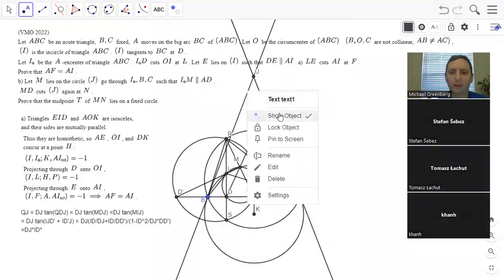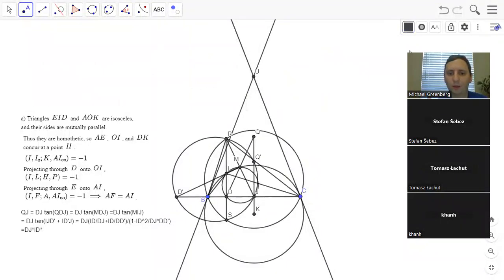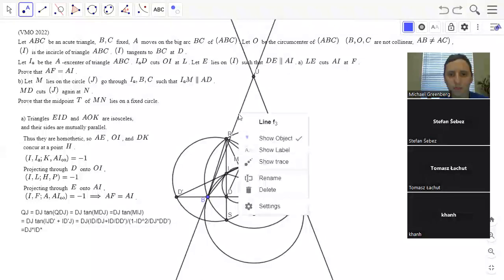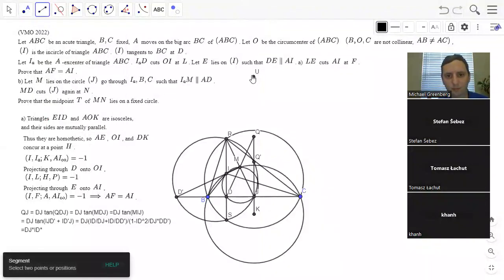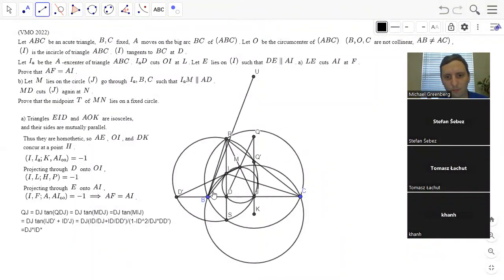Interesting. Actually I didn't do it this way back then, but we can prove that the power of point Q with respect to circle BIC is equal to QJ squared. And then we just do a little calculating, then we can prove that QJ is constant.